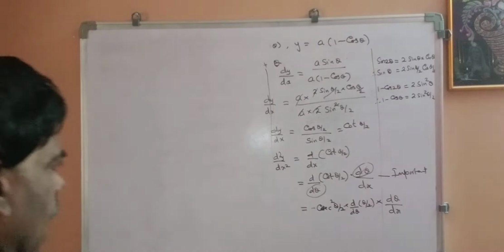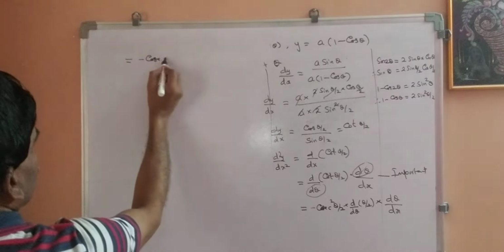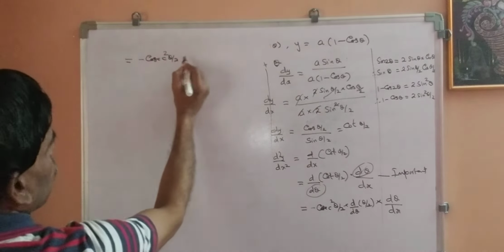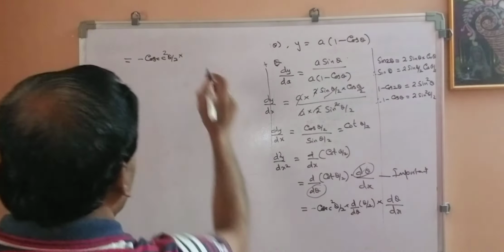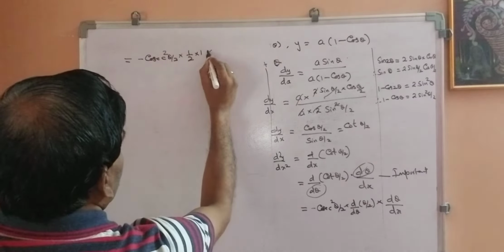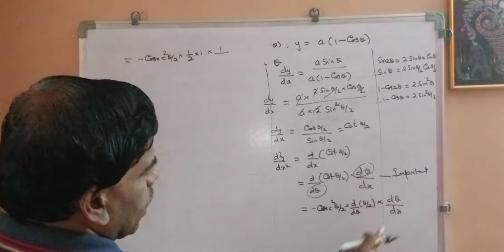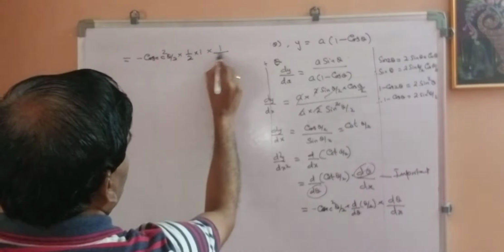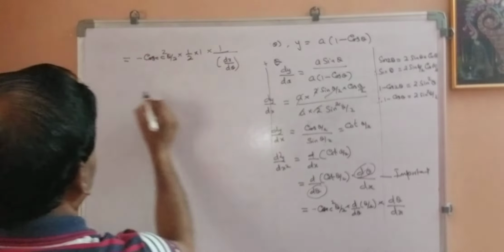I will tell you what that is. Now, minus cosec square theta by 2. What is the derivative of theta with respect to theta? 1. So 1 upon 2 into 1 into, now you see here we know dx upon d theta. So this I will write as 1 upon dx upon d theta.